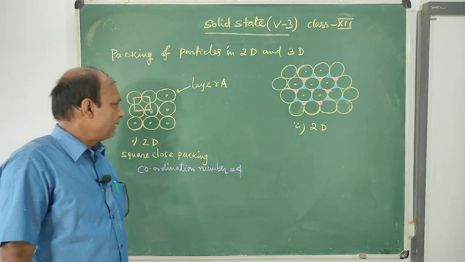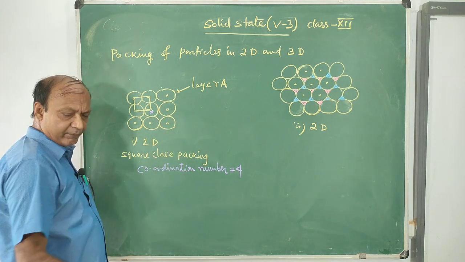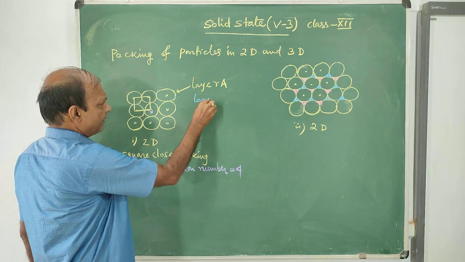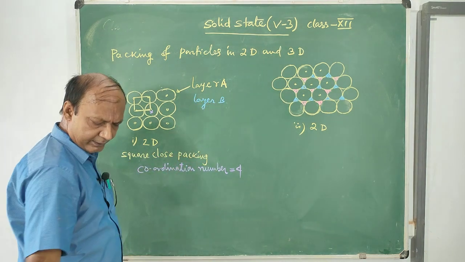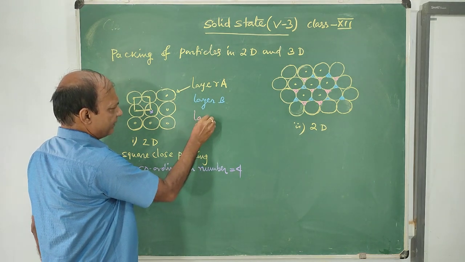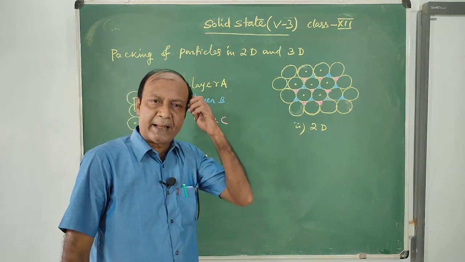It is clear. Now, another point is, if you develop second layer, layer B, layer C, like this, you will get 3-dimensional packing.